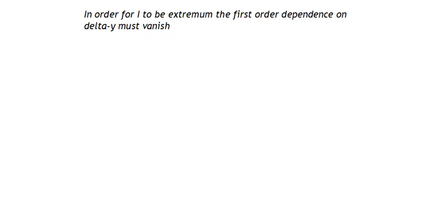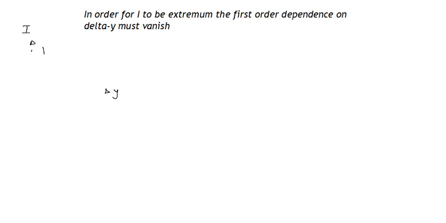Okay, so what's the reason for this? If you are familiar with calculus of a single variable, we have something similar here. Let us forget a little bit that I is a functional. Assume for a moment that I is an ordinary function, and that y is an ordinary variable.